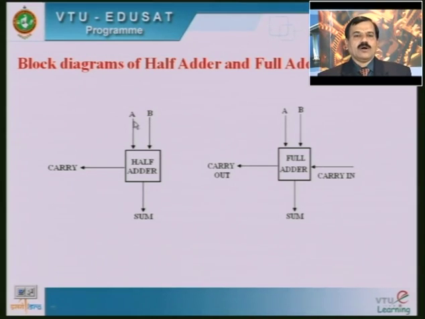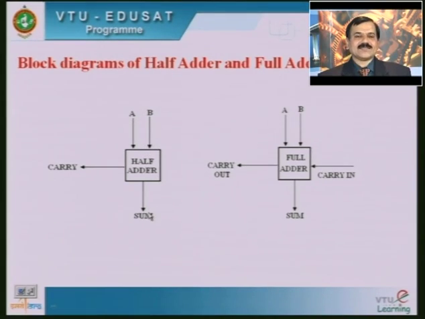Any value of A and B, if you add, the added value we get as a sum. In the last case, when A is equal to 1 and B is equal to 1, then we are going to get 1 0.